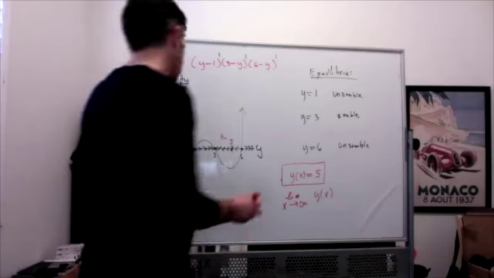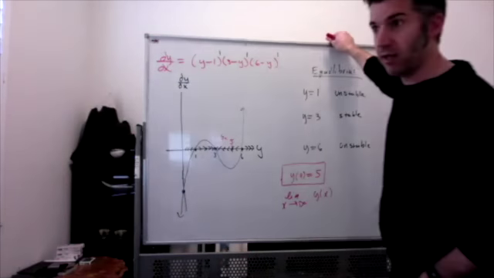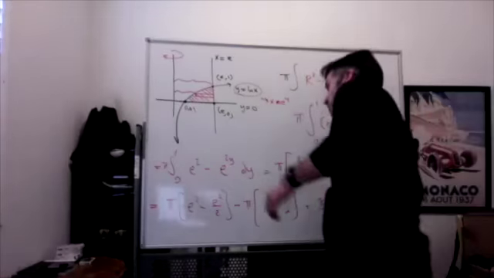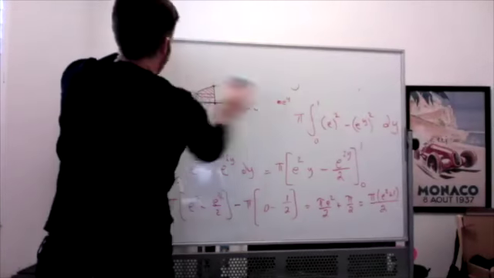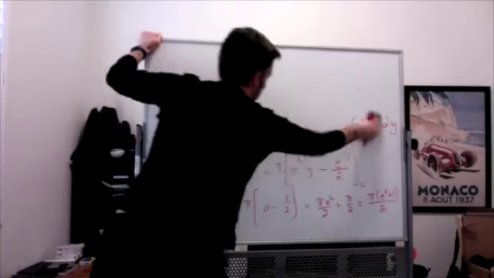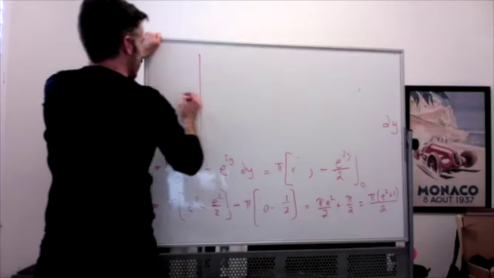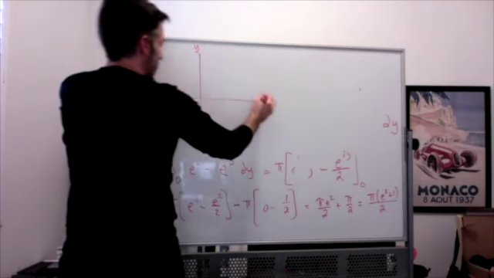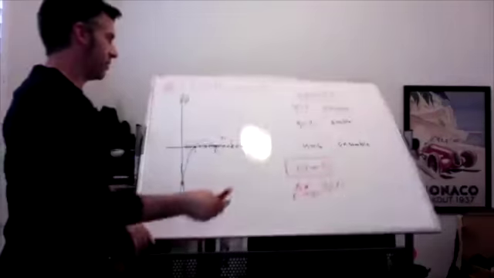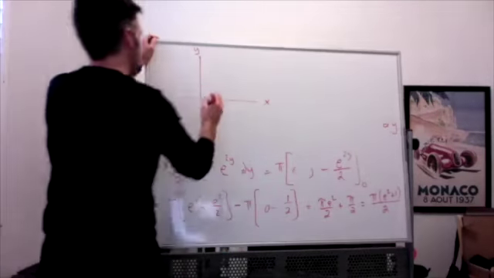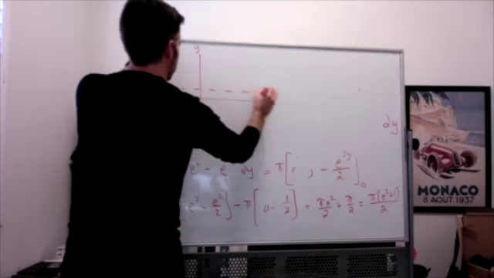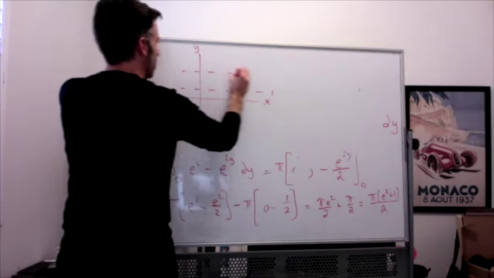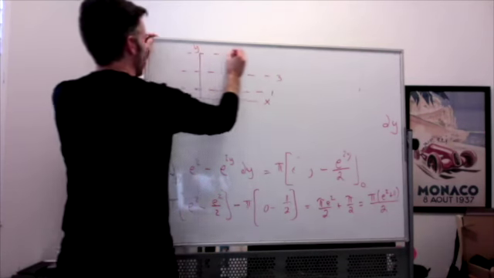But actually, just to point out, you could graph y versus x and say that, okay, we know that 3 is stable and 1 and 6 are unstable. So here's y equal to 1, 3, 6.